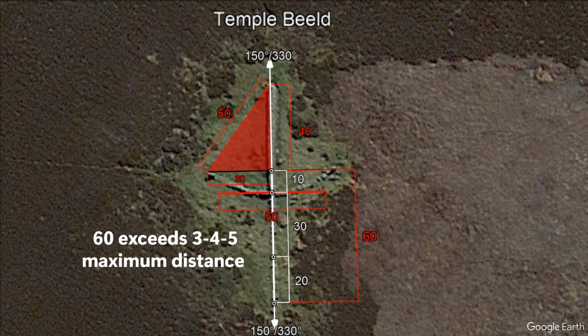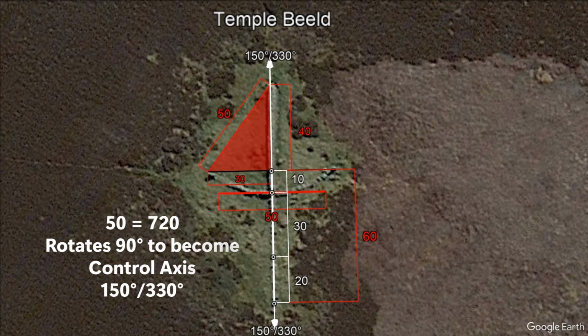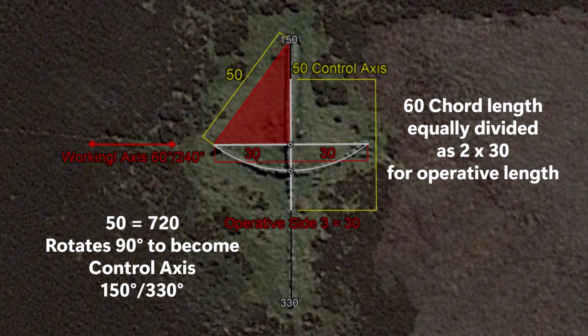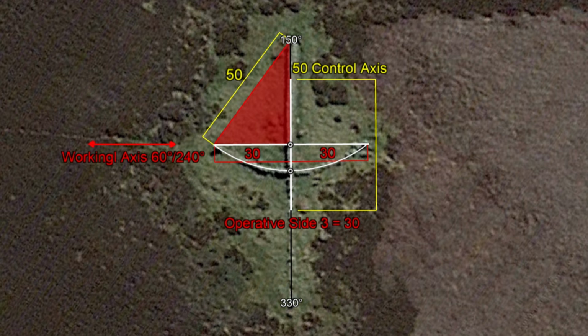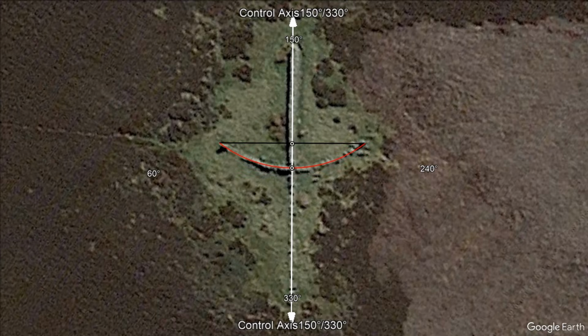So if you notice, the crossbar in Nolan's cross is 50, and the axis, the 330-150 axis, is dedicated to 50. We're going to rotate that so that will become our control axis, and the 60 chord line will be divided in half, and the 60 to 40 axis will now become our working axis.